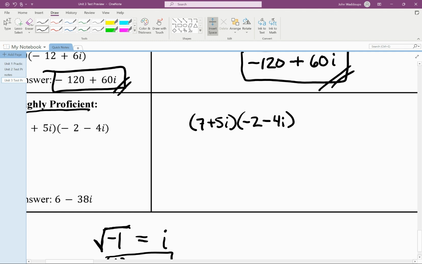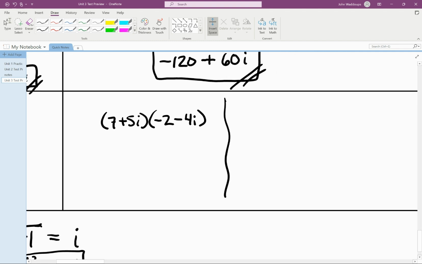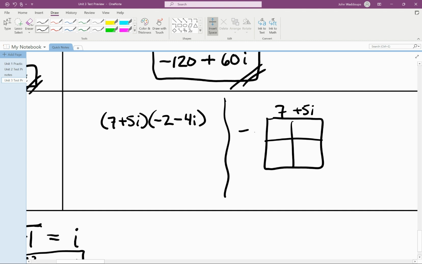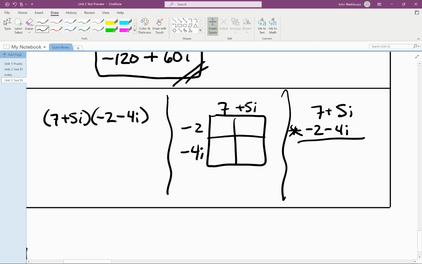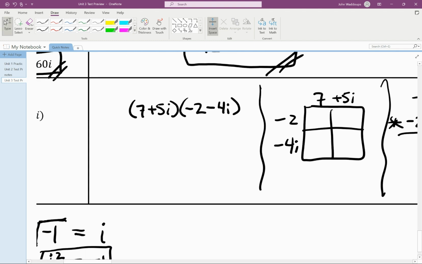We could use the box, 7 plus 5i on the side or on the top, and then -2 times -4i. You could do that here, or you could do it in that vertical stack method with the 7 plus 5i times -2 minus 4i, and any one of those would work just fine. I'm going to go ahead and do it this way here.